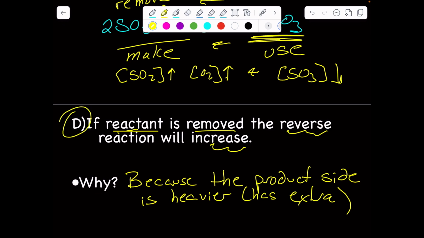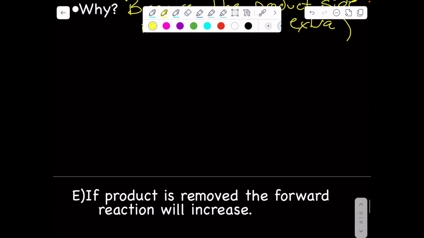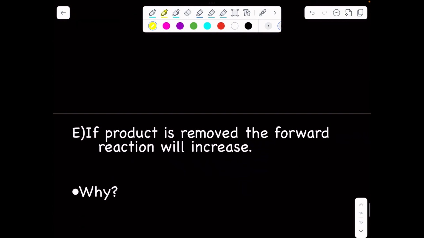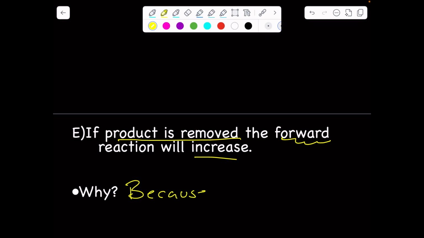All right. So conversely, if we remove product, the forward reaction will increase. Why? Because if we remove product, the reactant side is going to be heavier.